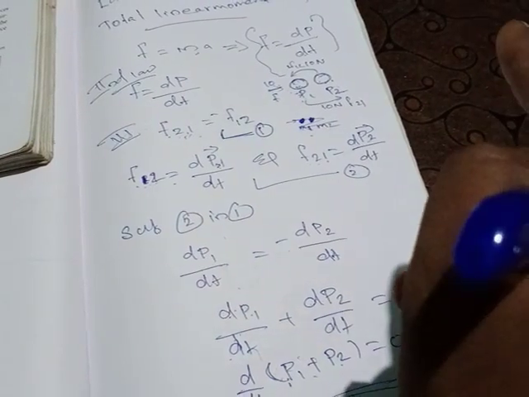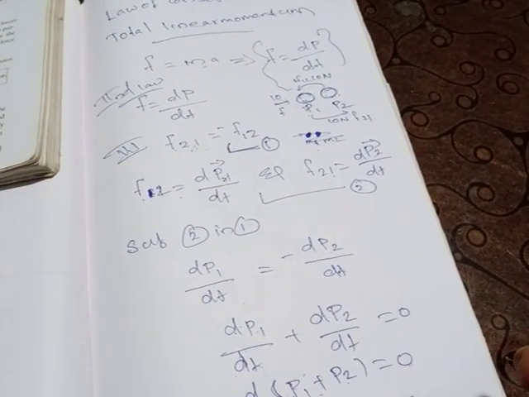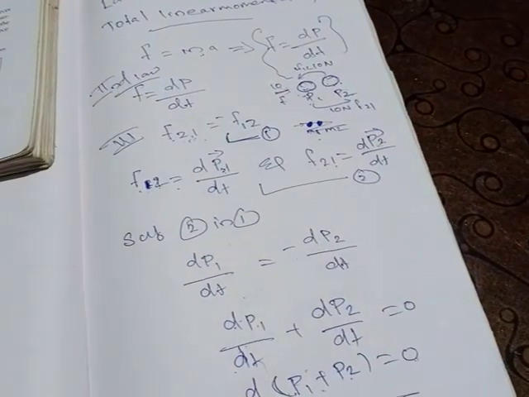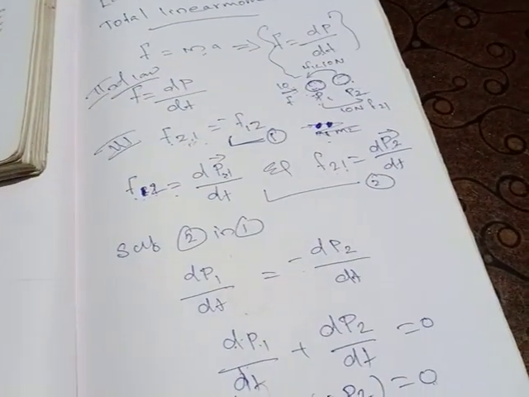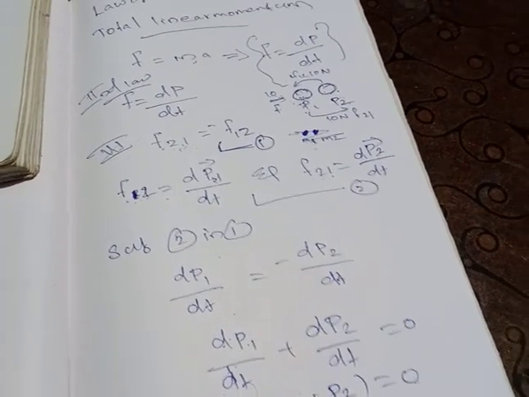So in that gun, if there is no force exerted, then we can tell that the total linear momentum is always constant.